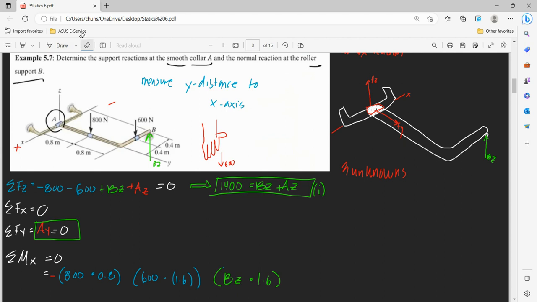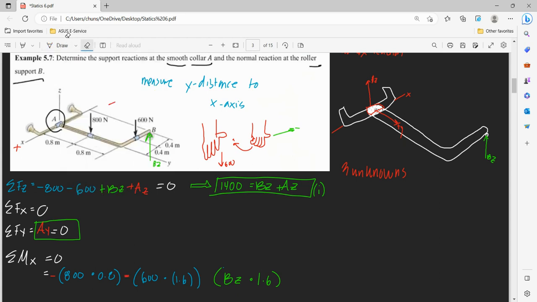Right, our hand curls, our fingers curling towards our x-axis, and we see that our thumb points in, again, the negative x direction. So that is negative once again.